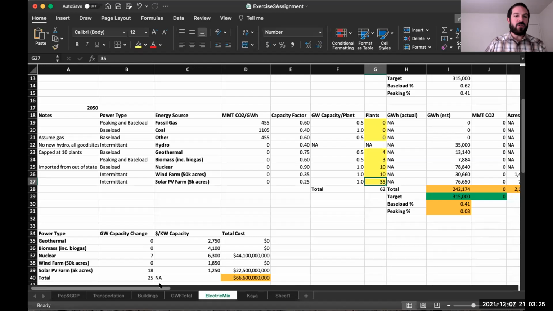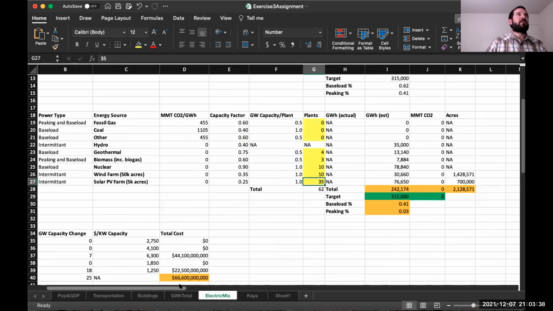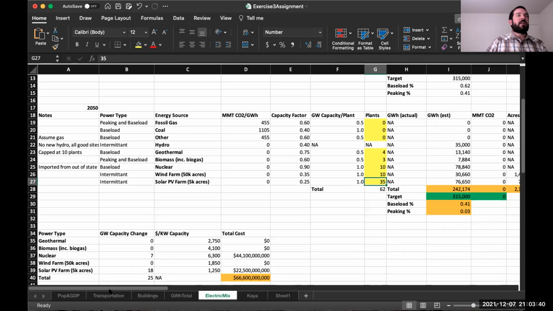So you've got 10 nuclear plants, and those can all exist on a very small number of acres. Okay, 100 acres apiece or something like that. Whereas here we've got 700,000 acres of solar panels. Okay, huge difference, huge trade-off in terms of how much space you're asking the planet to hand over to generate the same amount of electricity, right?